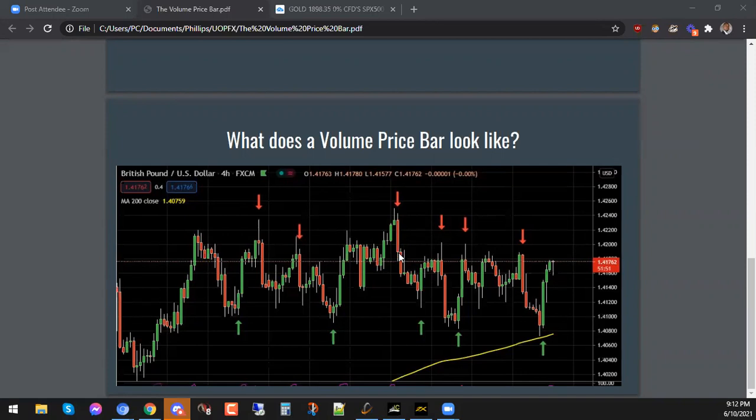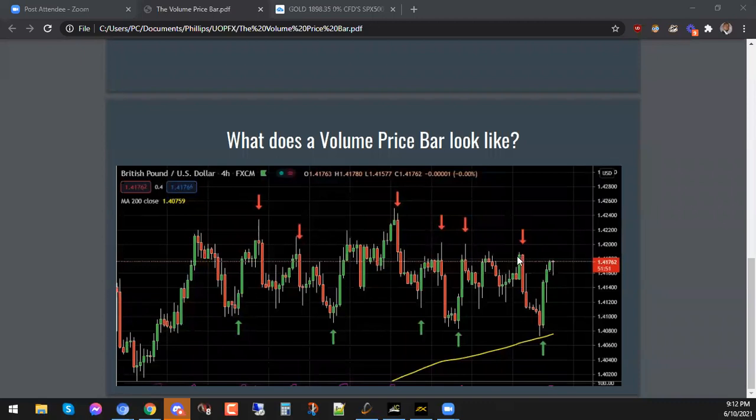You can look for that pullback, and then when price breaks below, you can go short, or you wait for a corrective formation. This is the 4-hour time frame. So on a lower time frame, we could have found a correction to be able to go short. And as you can see here, another volume price bar, another one over here. We have another one over here.